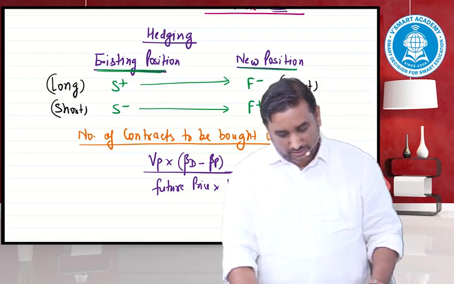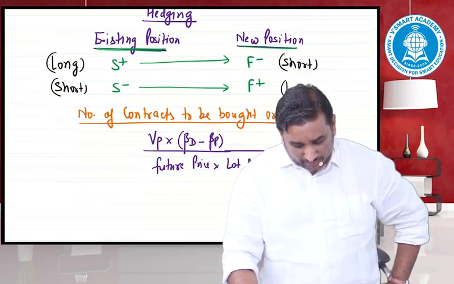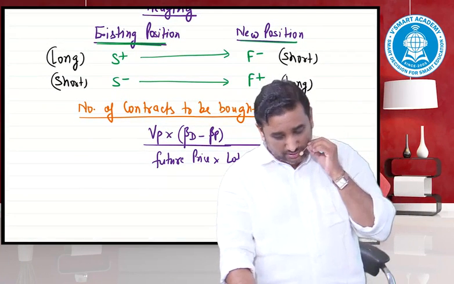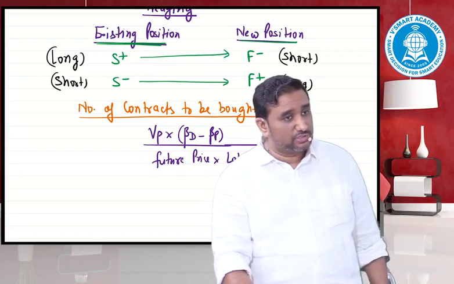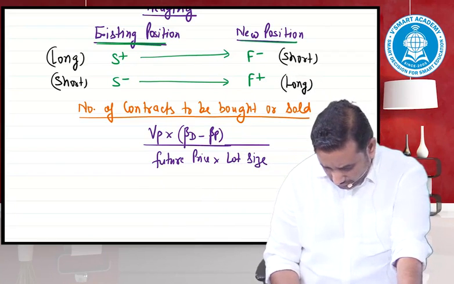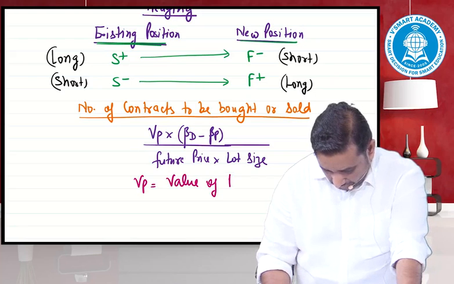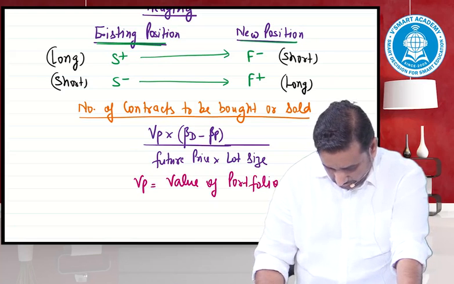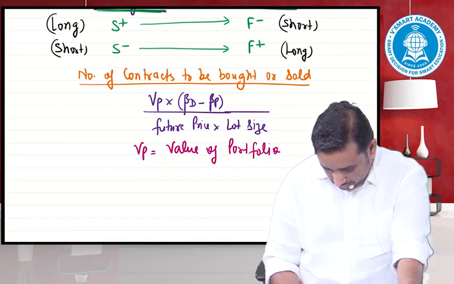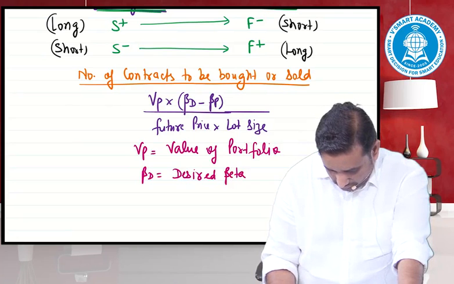This will work, don't worry. Copy that part out. Value of portfolio into beta desired, that means what beta you want to make it, 0.5, 1 and so on, minus beta of portfolio, divided by future price into lot size. VP stands for value of portfolio. BD stands for desired beta.